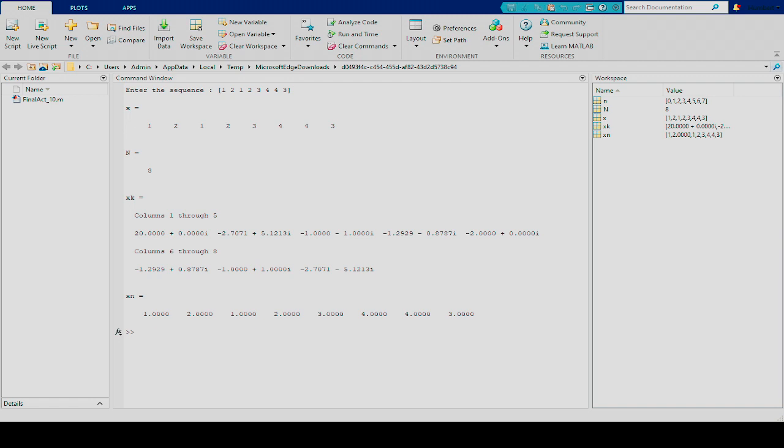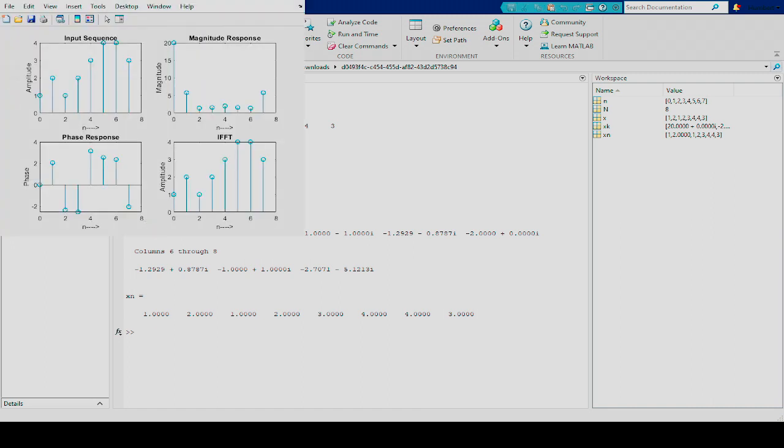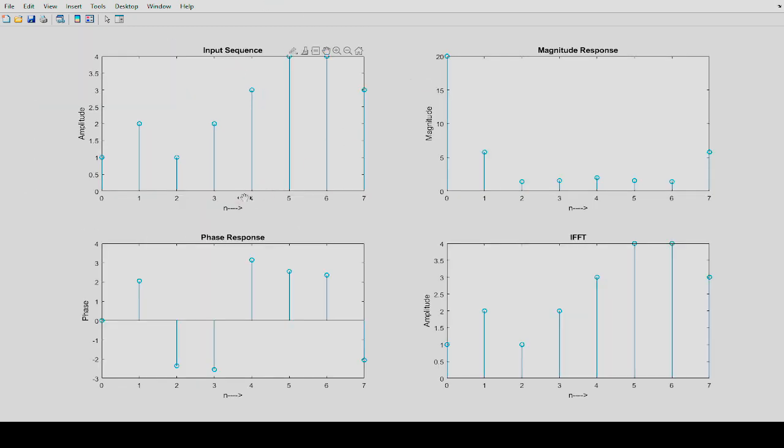Let's add the capture. As you can see, the input sequence will be the one you inputted already: 1 2 1 2 3 4 4 3.